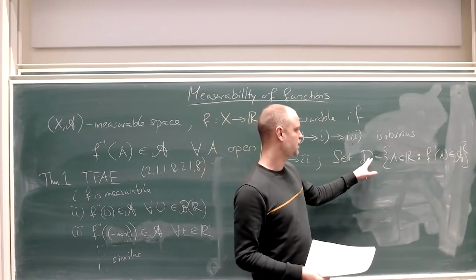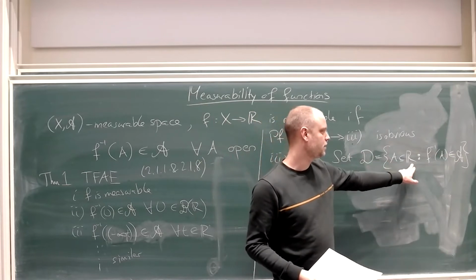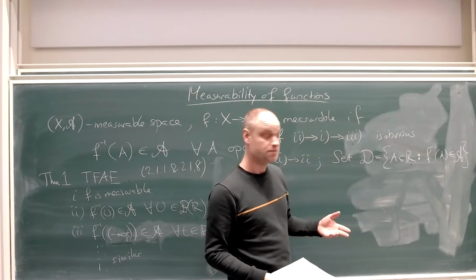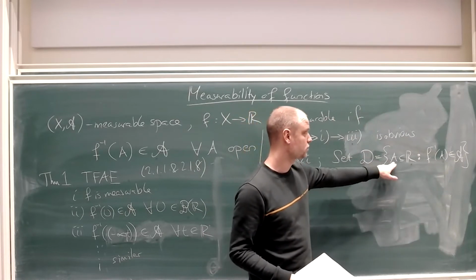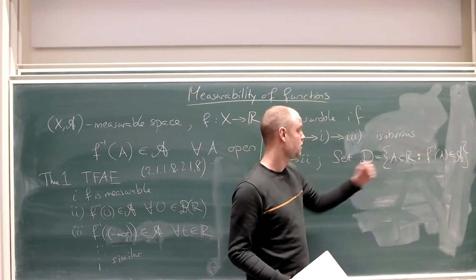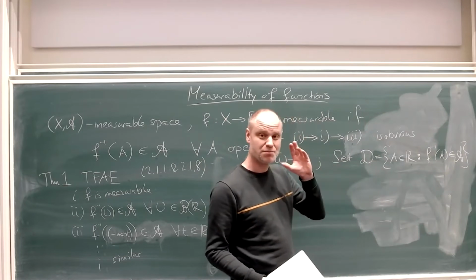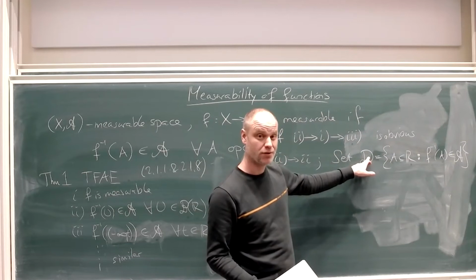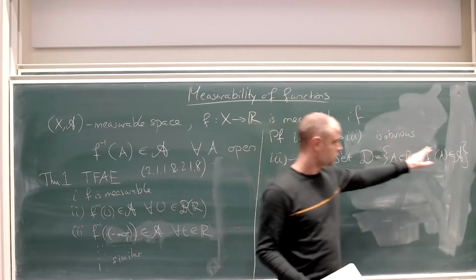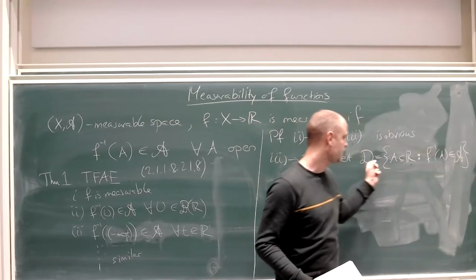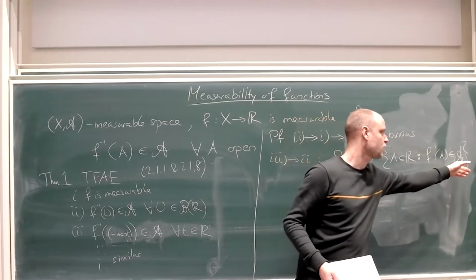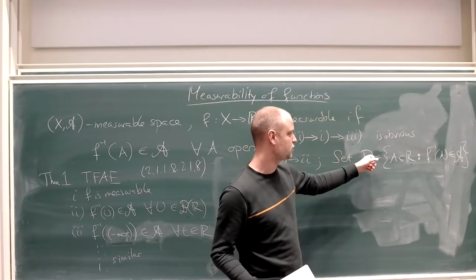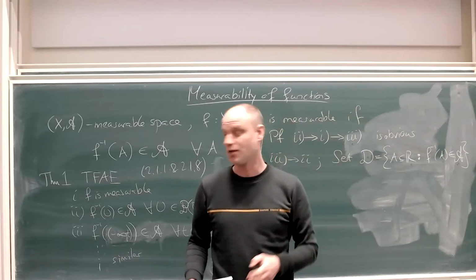So D is going to be the collection of sets on the real line such that the pre-image is in A. I want to prove that this holds for all Borel sets, but I cannot directly. So the master plan here is to prove that D is a sigma algebra, okay? A is a sigma algebra, and since the condition for being in D relates to a sigma algebra, it seems natural to think that D should also be a sigma algebra.